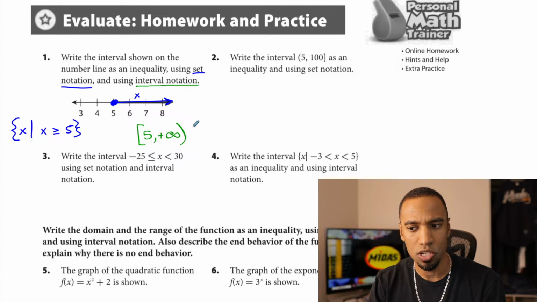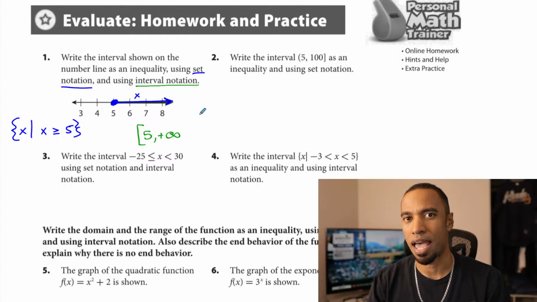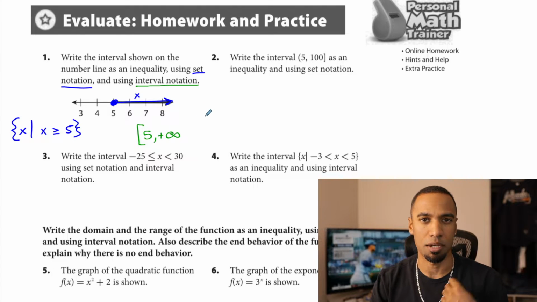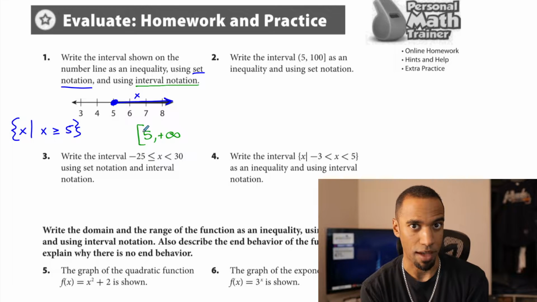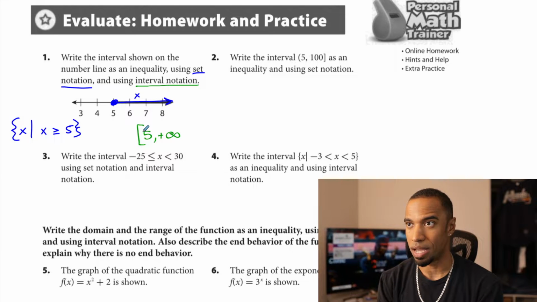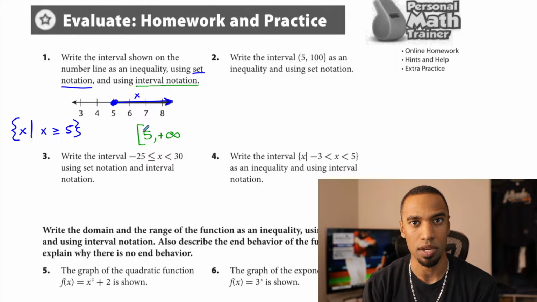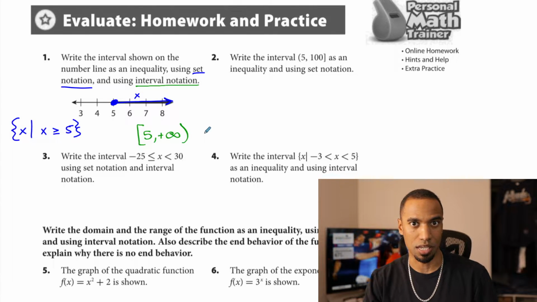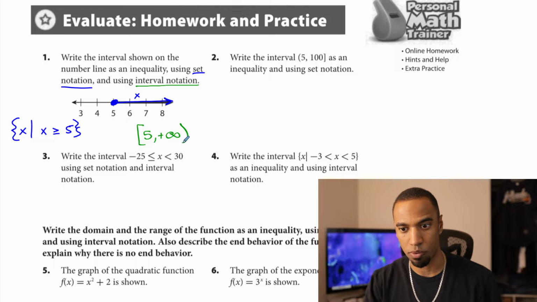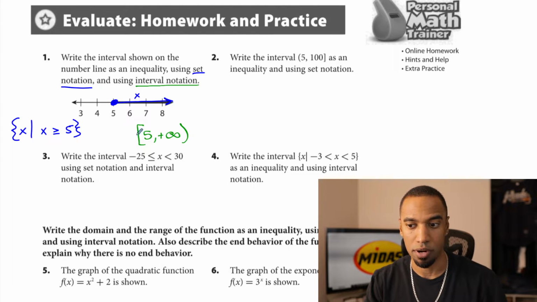Now which one should we do? Well, guys, infinity is not an actual number. It's something that actually can't be reached. And if a square bracket has to do with including the value, infinity is not a value. We do not include it as we can never actually reach it. It is more of a concept to represent a boundless entity, if you will. So we're going to close with a parenthesis right there.